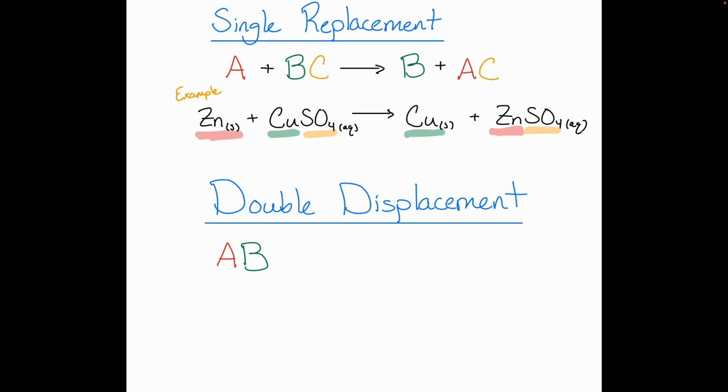We start out with two compounds, AB and CD. And again, what's going to happen is we're going to swap places. This time we're going to switch the A and the C. So now we're going to have A paired with D. And what am I going to pair C with? With B.